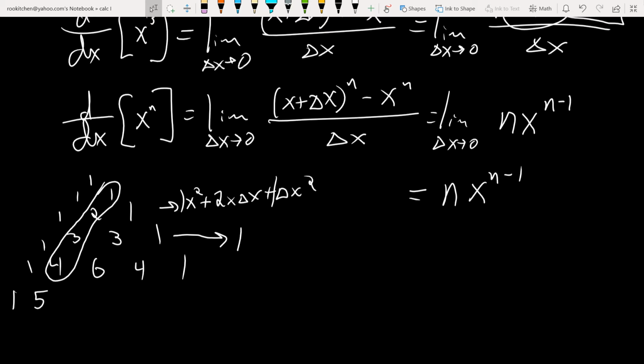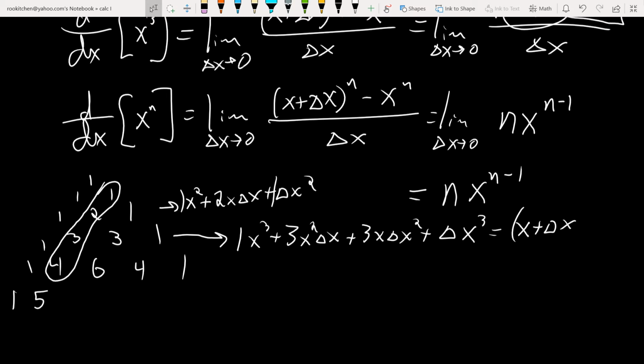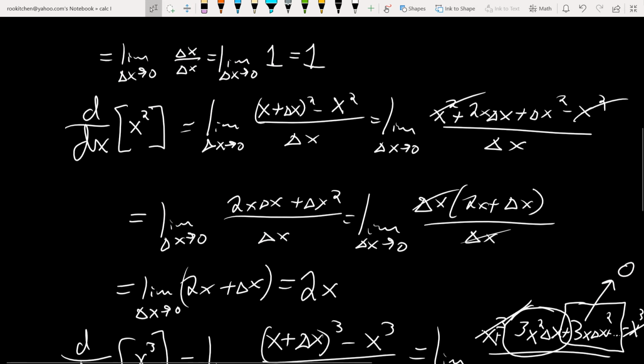And then 1x cubed plus 3x squared change in x plus 3x change in x squared plus change in x cubed. That would just be the same as x plus change in x cubed. So it's a clever way of figuring out how to expand these without having to go through FOIL and all that jazz.